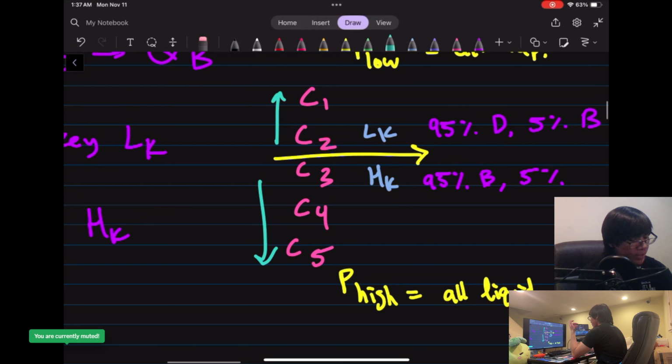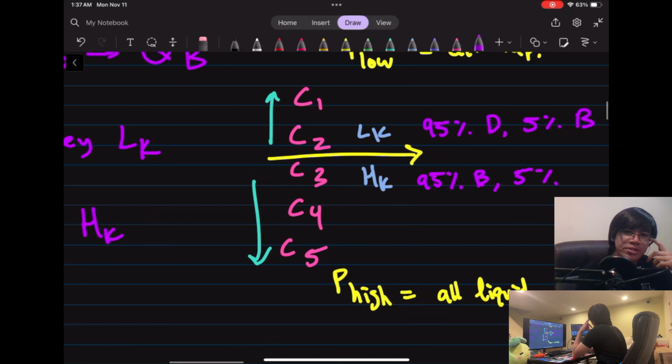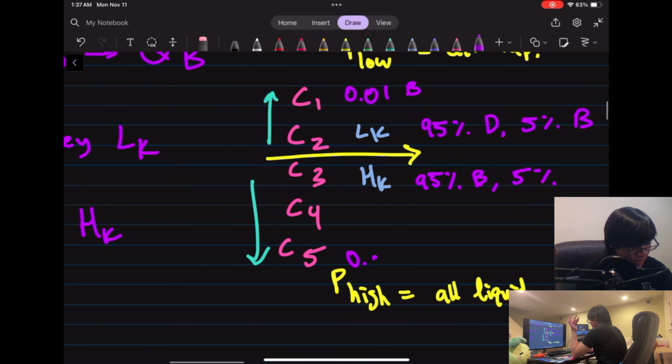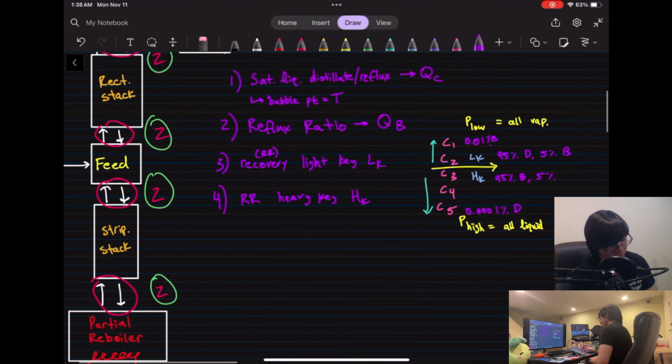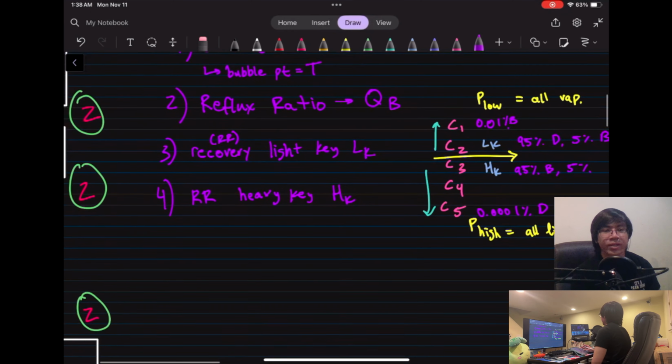Of course there might be appearances of C1 in the bottoms or C4 and C5 in the distillate, but it would be negligible, something like 0.01, or for C5 in the distillate, like 0.0001. So obviously not significant at all. So those are light key and heavy key explained.